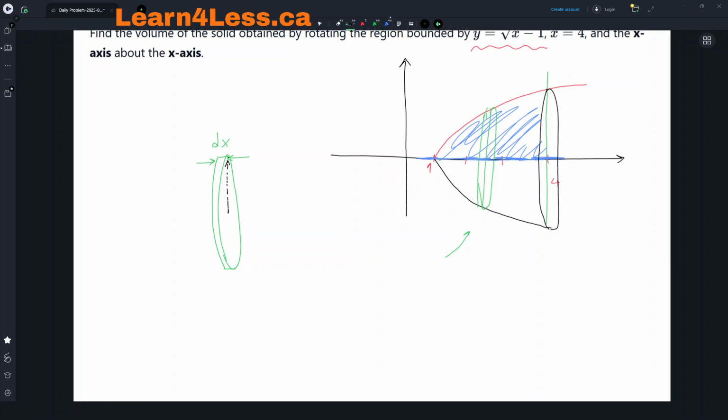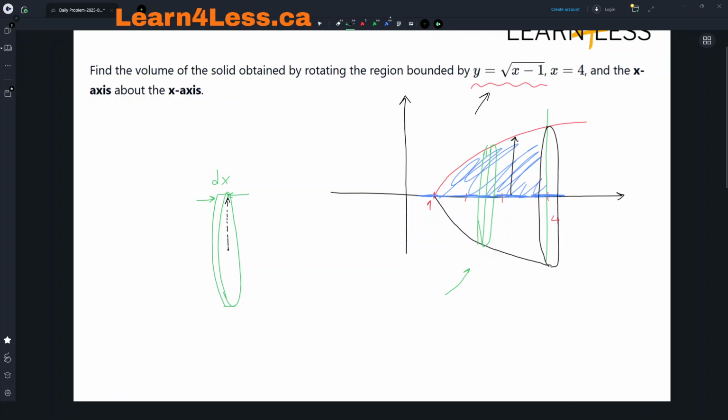It has a radius. And the radius of that, if we look at this graph, is basically the distance of this red curve from the x-axis, which is dictated by the first function, y equals the square root of x minus 1.